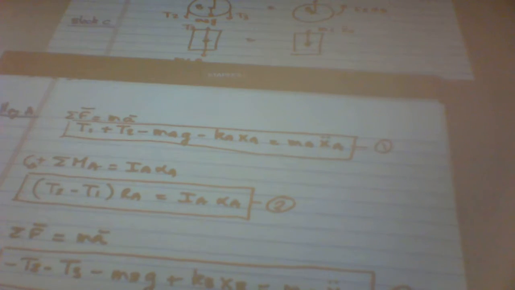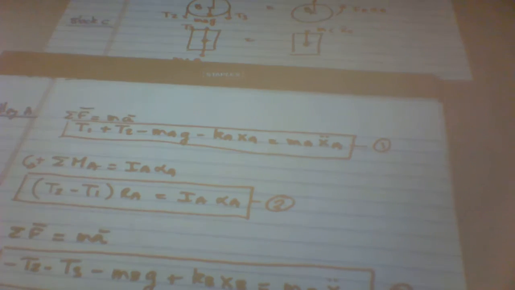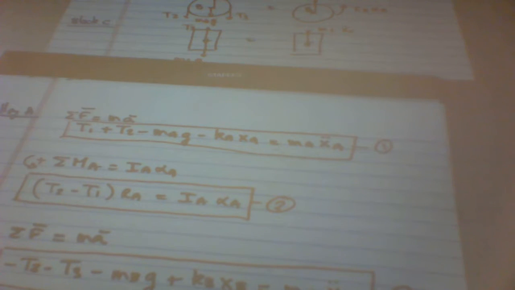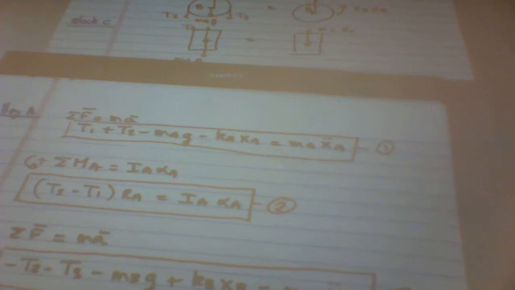And summation of moments about point B: T2 minus T3 times R sub B equals I sub B alpha B.